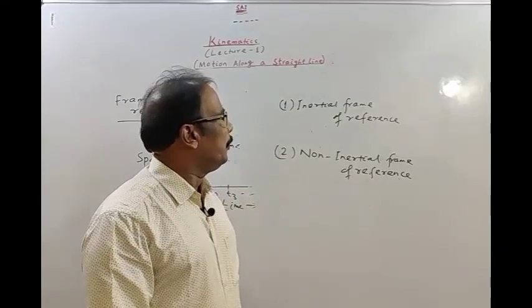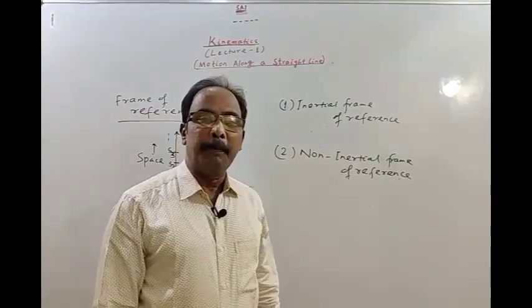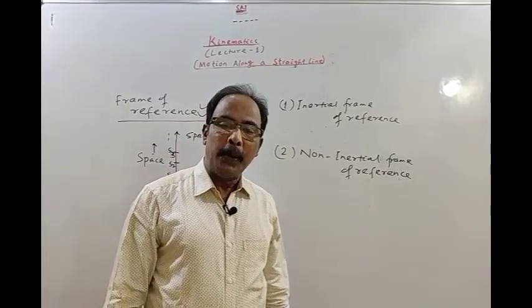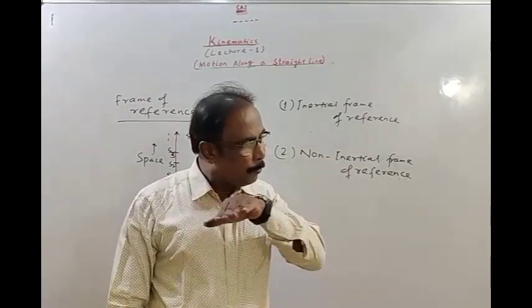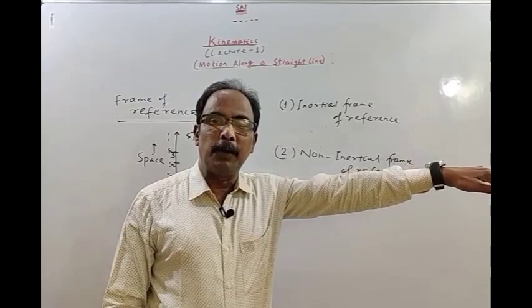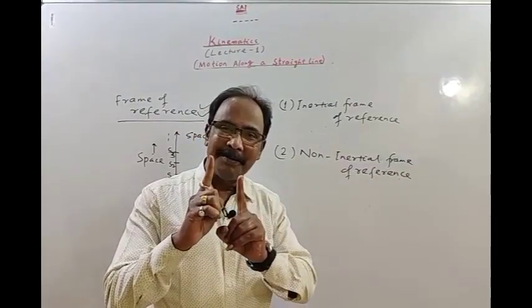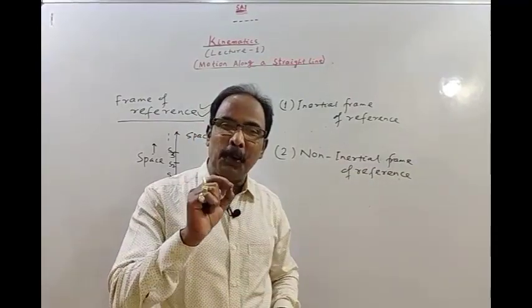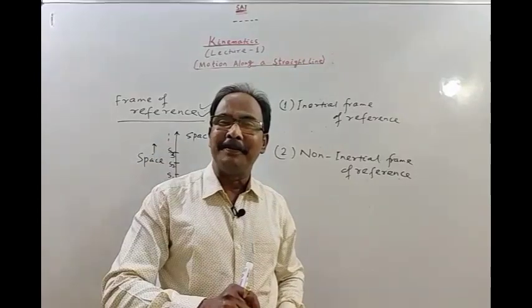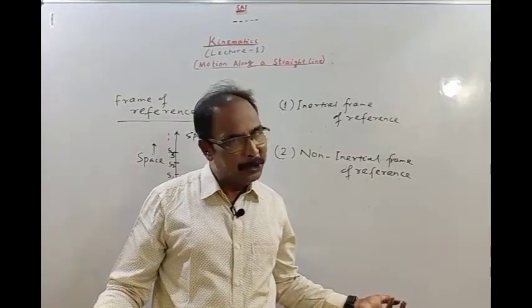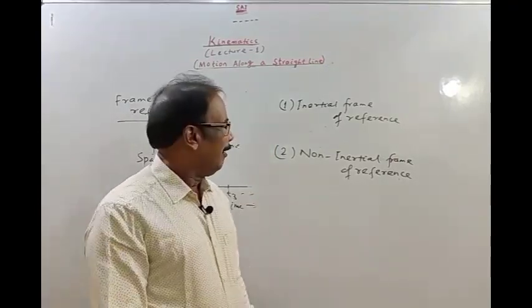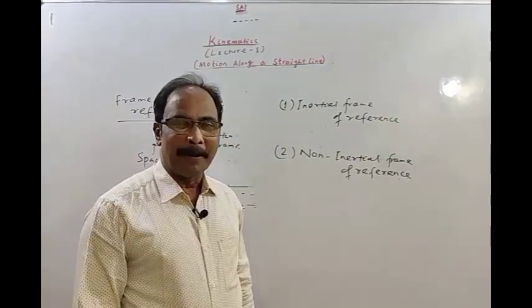So finally we may say, an inertial frame of reference is one which either remains at rest or moves with uniform velocity, or moves with zero acceleration, because if velocity is constant, then acceleration is zero. Okay. Then the non-inertial frame of reference.